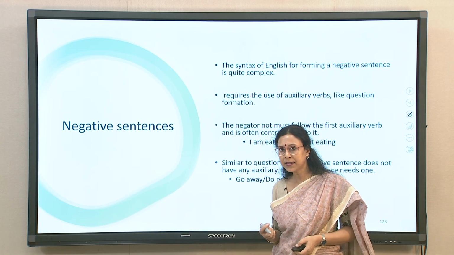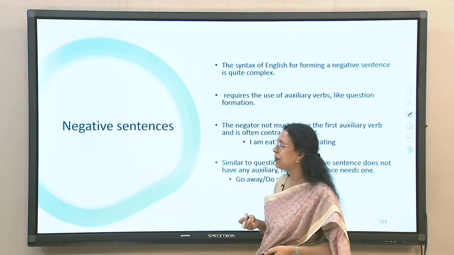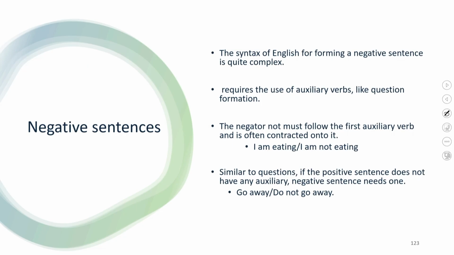Then comes our negative sentences, another slightly complex process. Again we will stick to English examples. The syntax of English for forming negative sentences is also quite complex. It requires the use of auxiliary verbs, like question formation, as we just saw. So, you have the do come in somewhere and then the auxiliary inversion and so on.